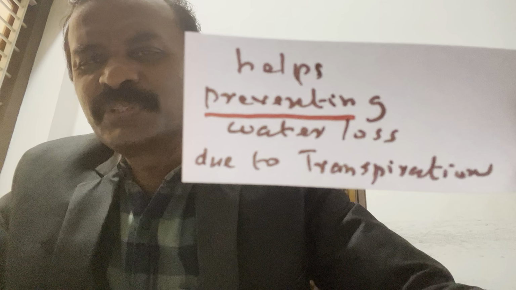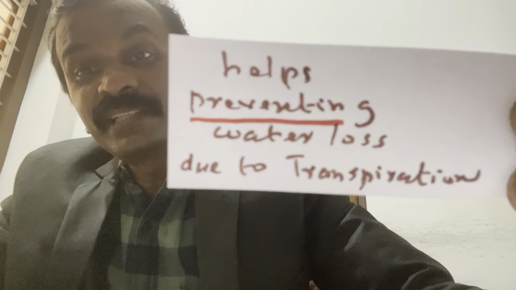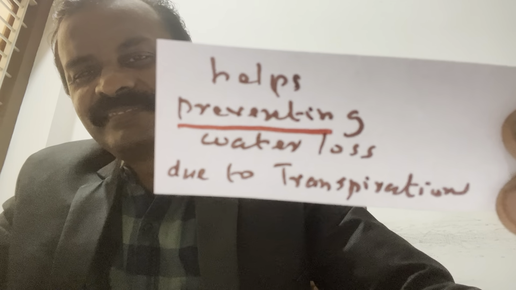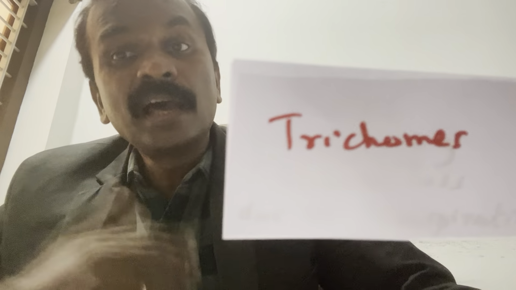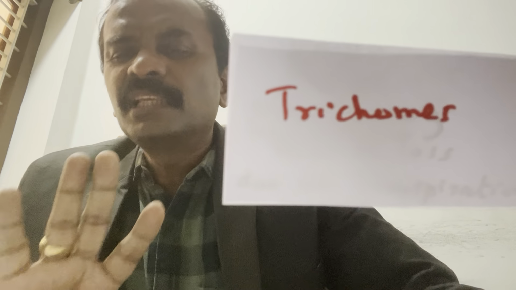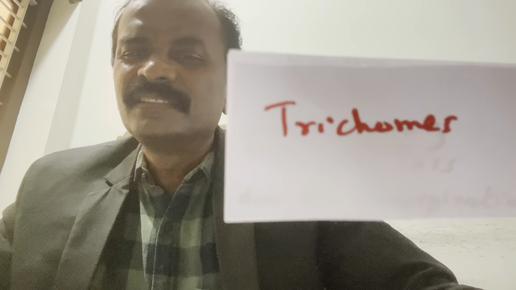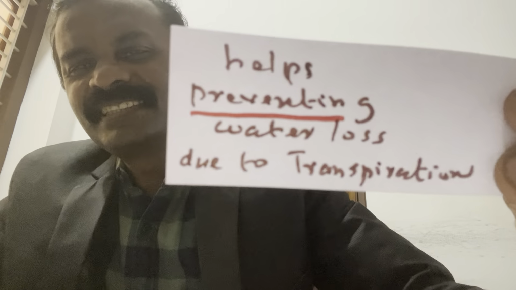Is it not a tough MCQ? Prevents water loss by transpiration in plants. Your textbook says trichomes, or they can ask which one of the following is a function of trichomes. They will give 4 choices. Trichomes prevent water loss in transpiration.